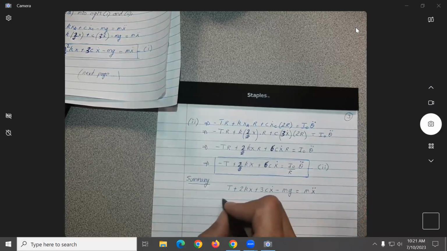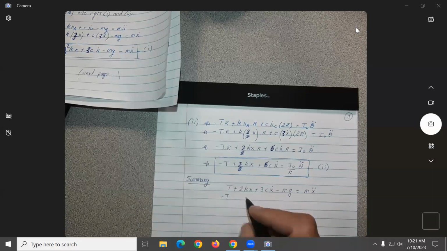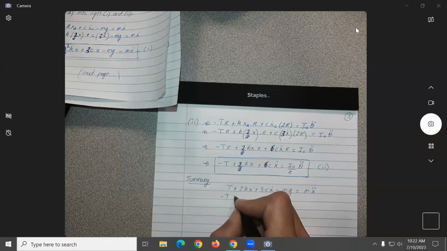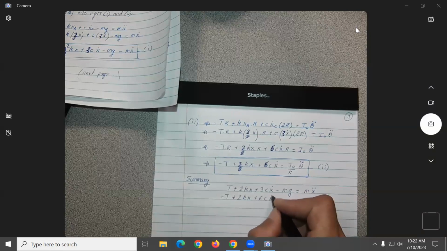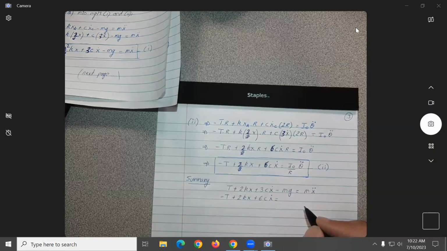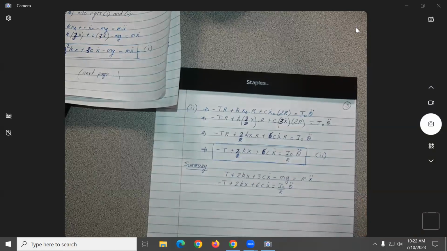And the other one is minus t plus 2kx, is that the same? Looks like. Plus c x dot equal to I sub naught over R theta double dot.